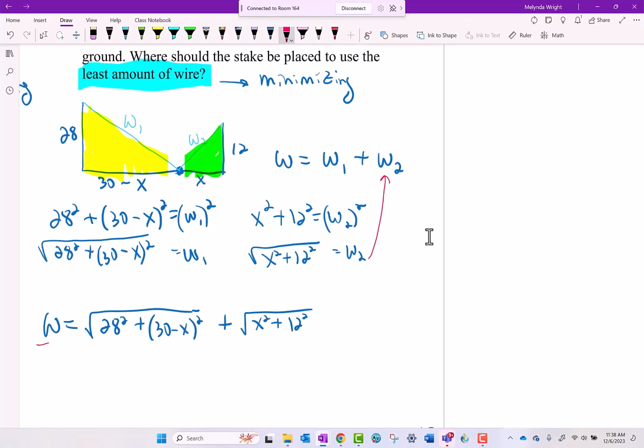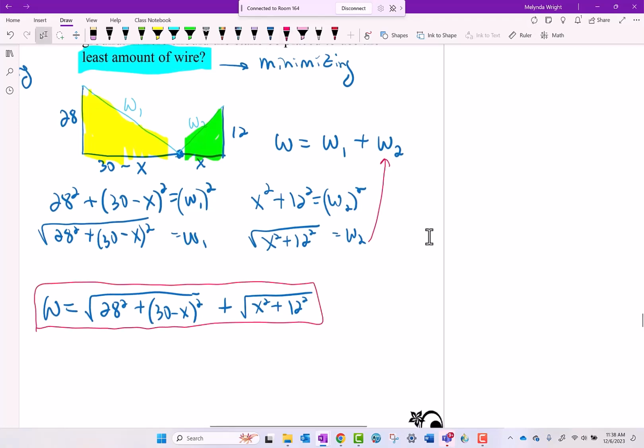This would be a calculator question. So this is the quantity that we want to minimize to finish this problem. Okay, how are we on our intro to optimization? We okay? Okay.